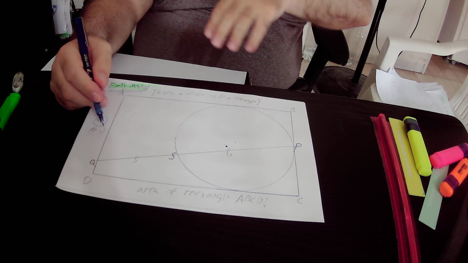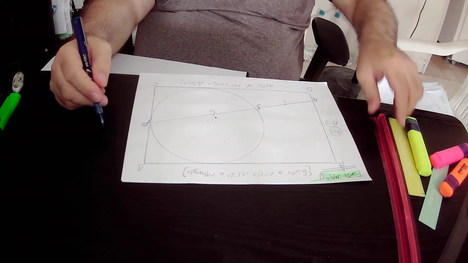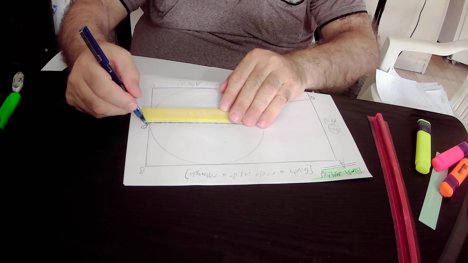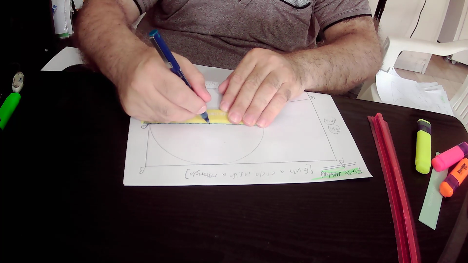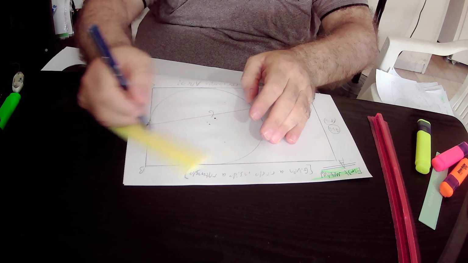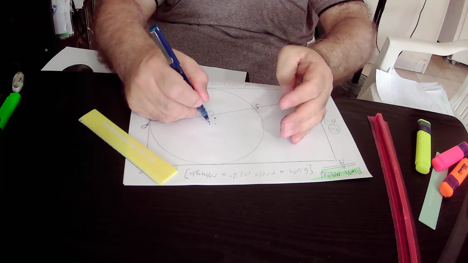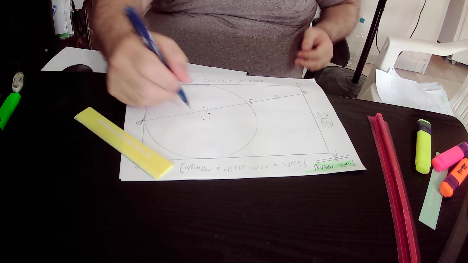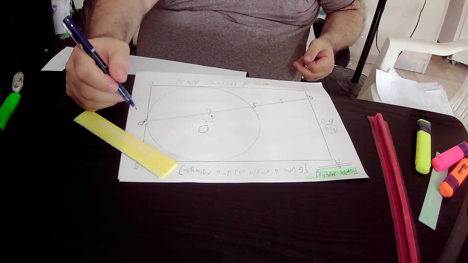We define the center of this circle as point O. Here, point O is the center of the circle.